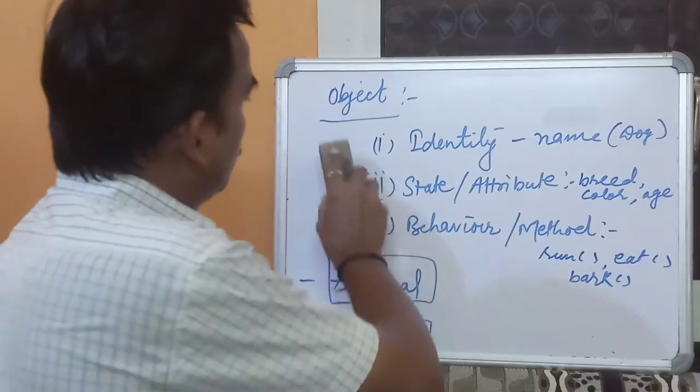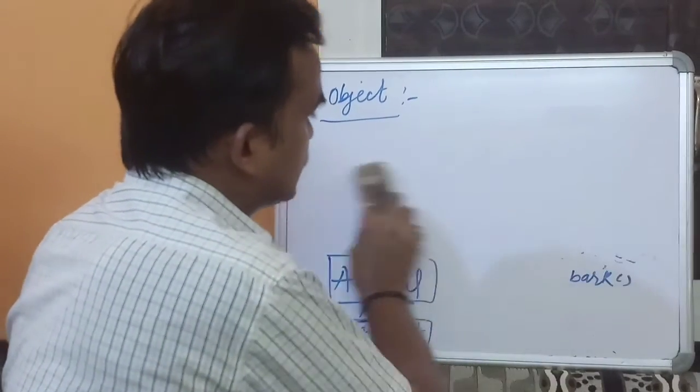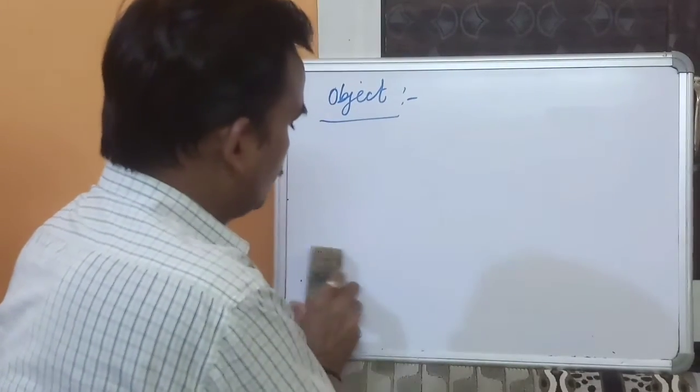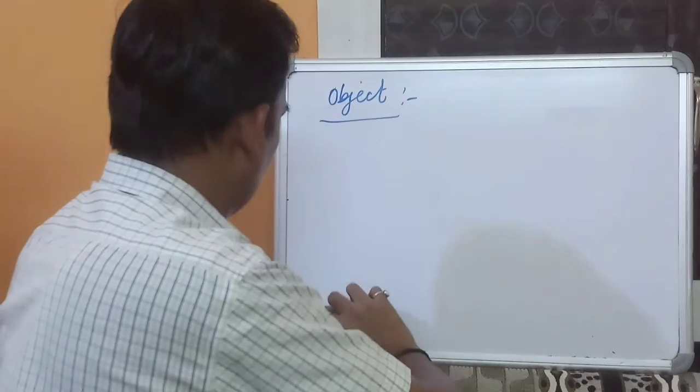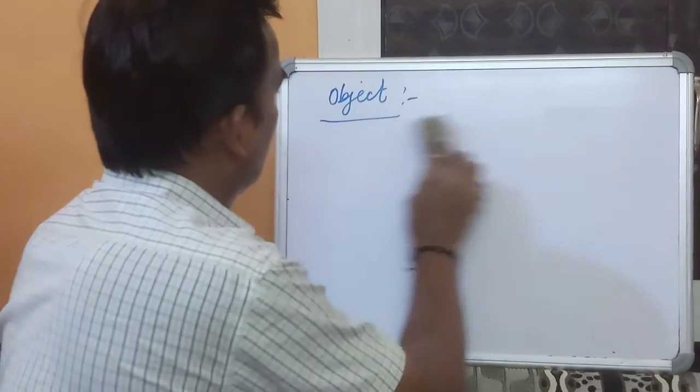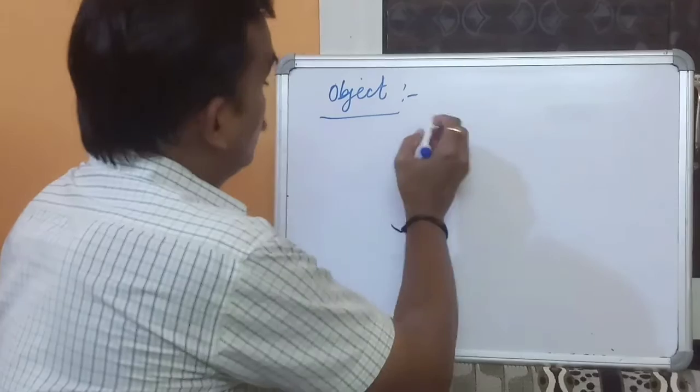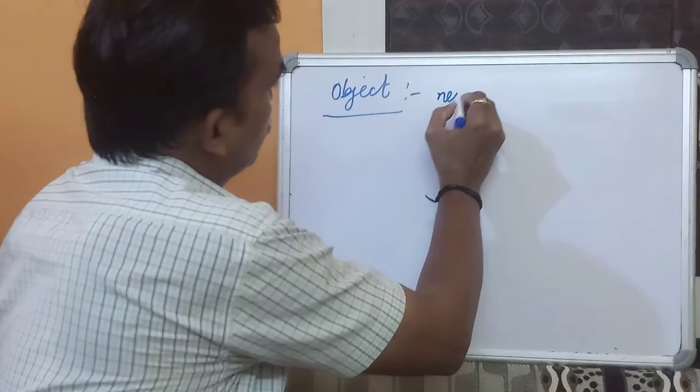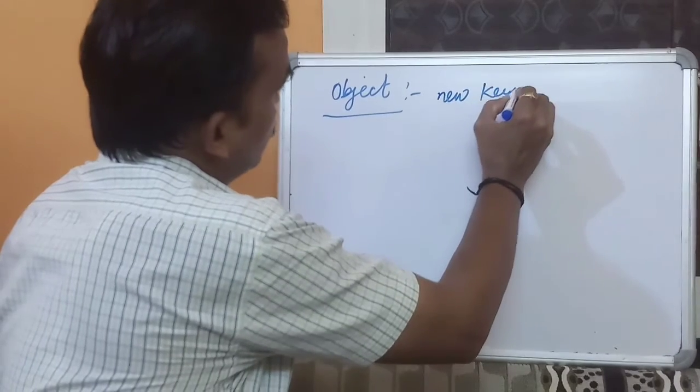Now, how can we create an object? To create an object we use the new keyword.